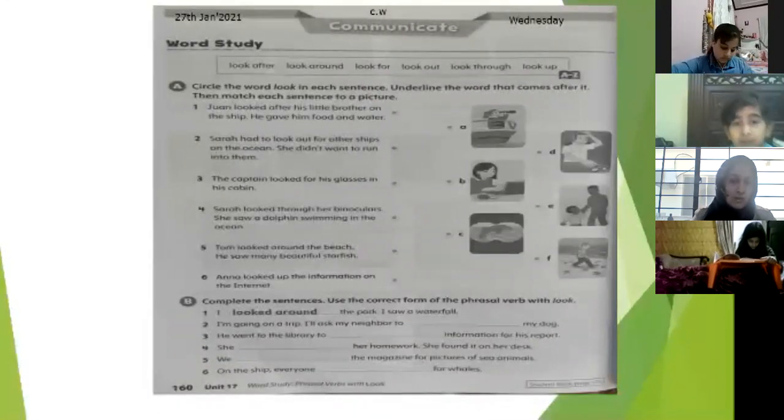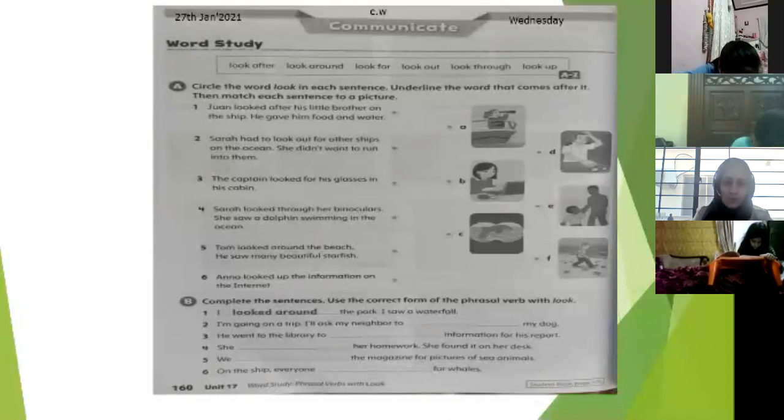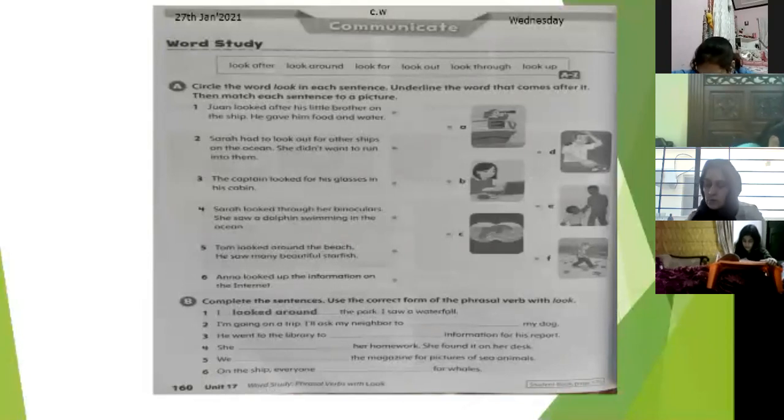You should know the meanings of the words, and when you understand the meaning of the sentence, then you will not find it difficult to match it with the correct picture. So if you look at number 1, Joanne looked after his little brother on the ship. He gave him food and water. Looked after means what?